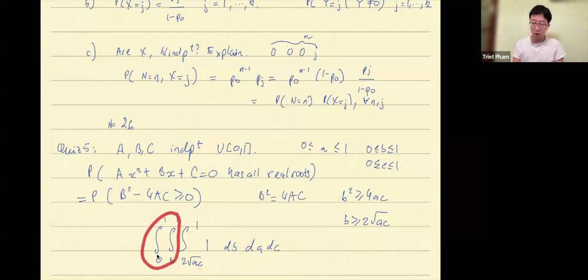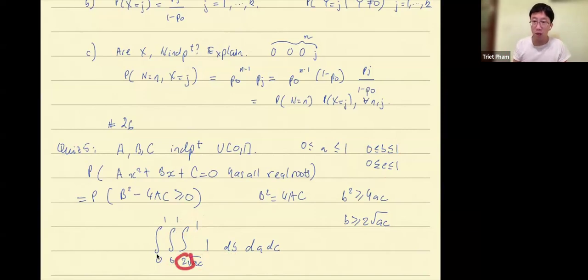Here you say the A and C can go anywhere within a unit square. But notice, the lower limit here is 2 square root of AC. It is a lower limit, because B is between 0 and 1. So the upper limit of B clearly is 1. However, if you take two numbers between 0 and 1, A and C, take a square root of that, it's still between 0 and 1.